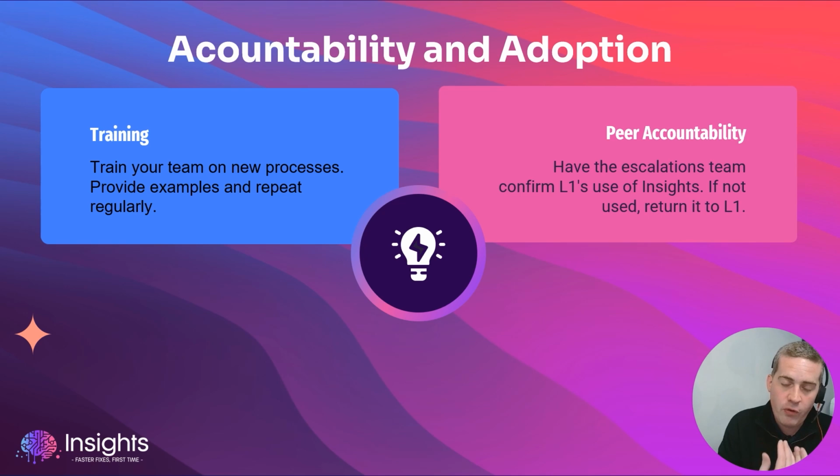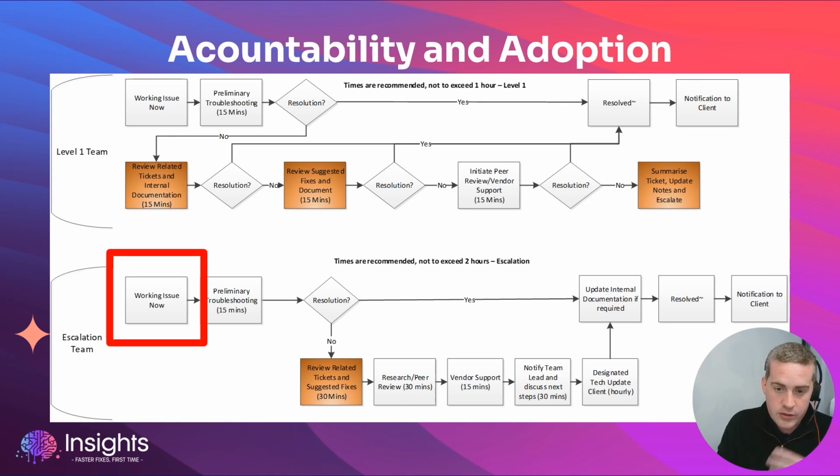And if you implement something like this, it doesn't take more than a few days for the first line engineers to think, right, we need to keep on top of this, because I don't want my peers to keep pushing tickets back to me. So what does that look like? Again, I mentioned before, we'll come back to this diagram. An escalated engineer at this point, when they're working the issue, will do a verification and check that.